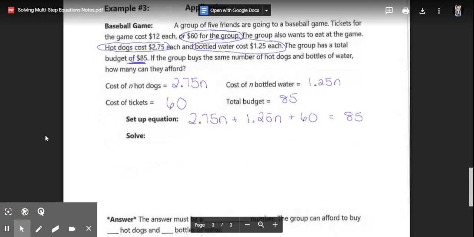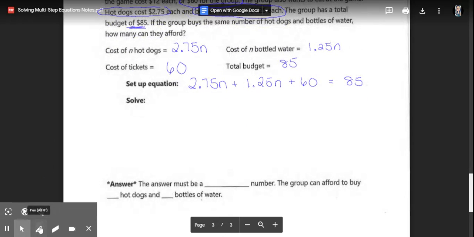Let's go ahead and solve this equation. It's a multi-step equation, so we're going to use all the skills that we just talked about earlier today. I'm going to find the equal sign, draw my line down the middle, and go through my steps. So simplify. I can't distribute in this problem. I don't see any parentheses, but I can combine like terms. What are my like terms in this problem?